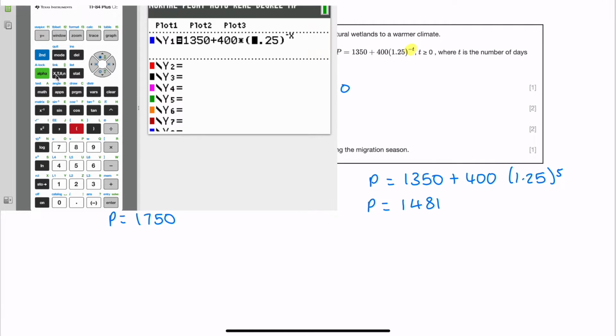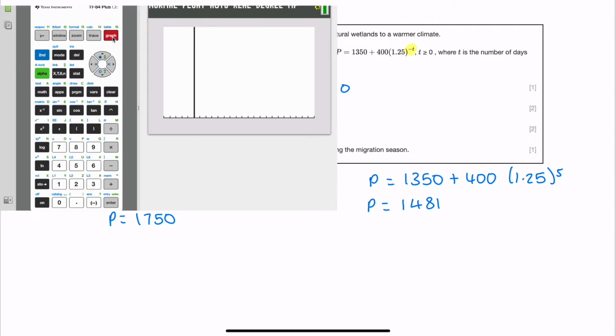And I want to know when that is equal to 1,400, so I'm plotting that as my second function.